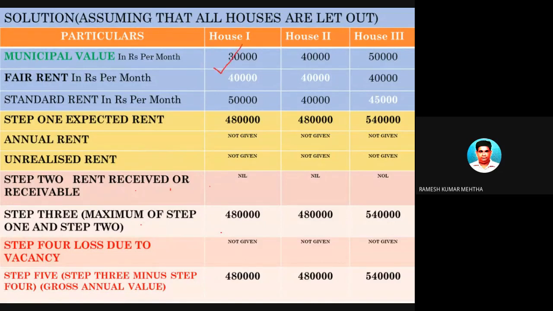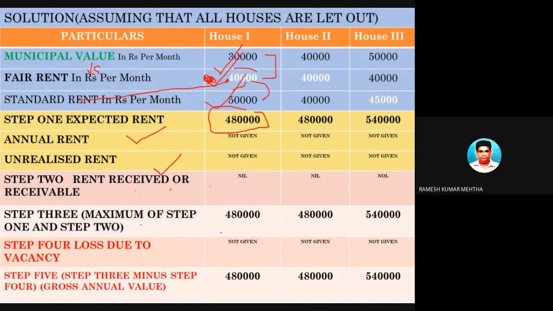In the first case, the municipal value is 30,000, the fair rent is 40,000, and the standard rent is 50,000 in case of house number one. Municipal value versus fair rent, whichever is highest, and compare that result with standard rent, whichever is lowest. So 40,000 is the expected rent. Annual rent is not given because he is claiming it is self-occupied.